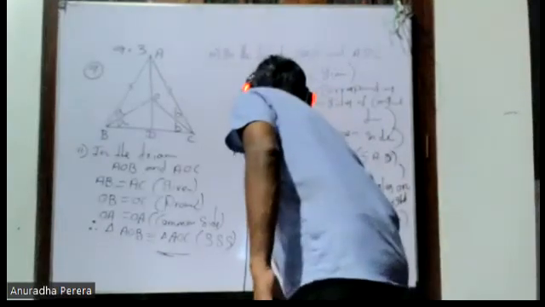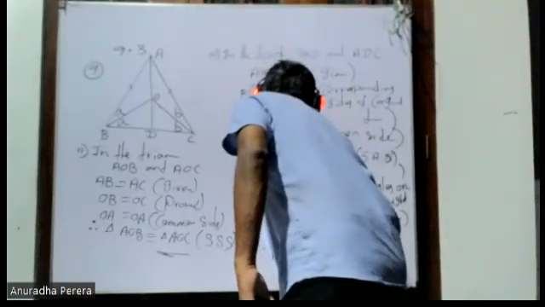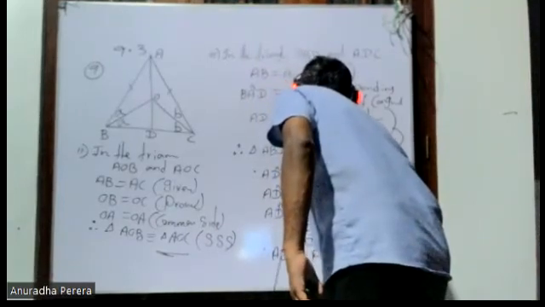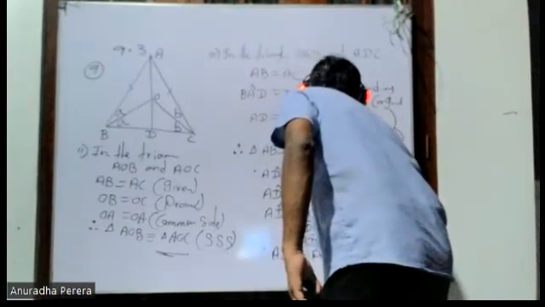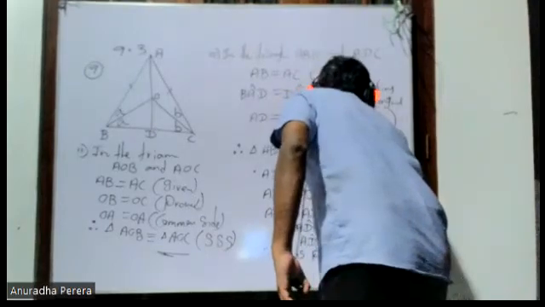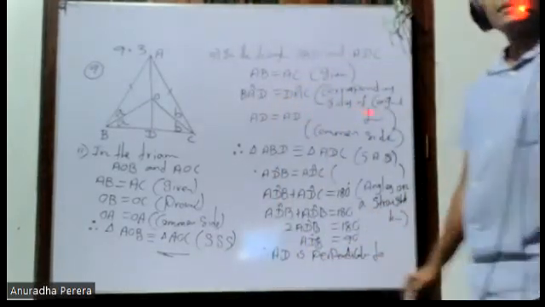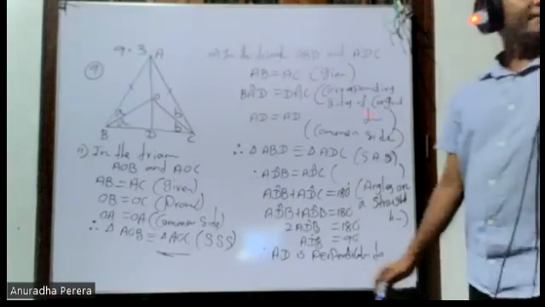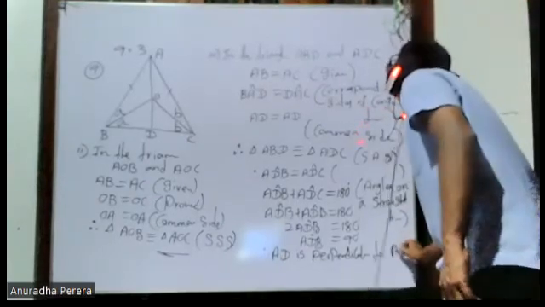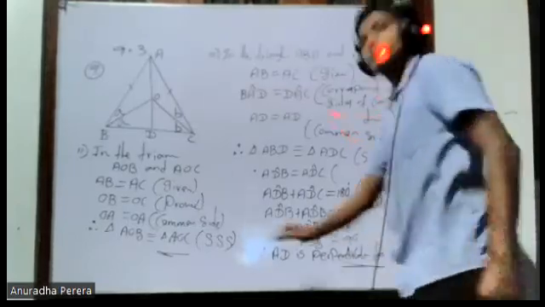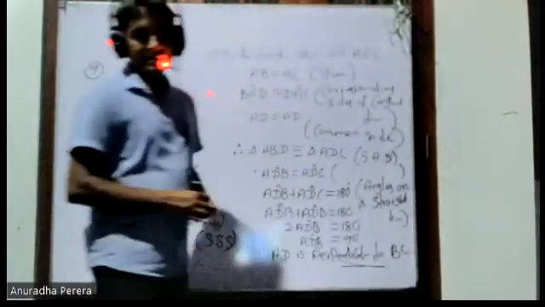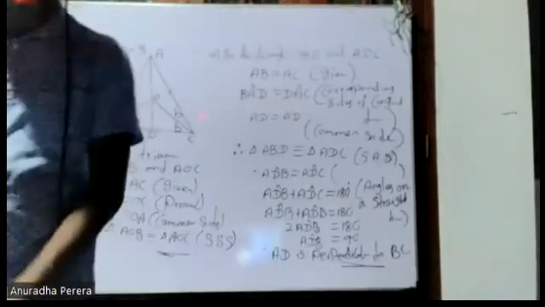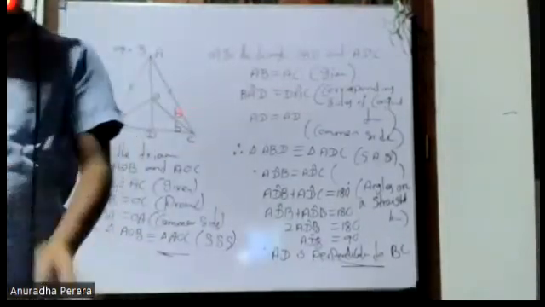Therefore, AD is perpendicular to BC. Right. Son, in the next lesson I will give you homework.